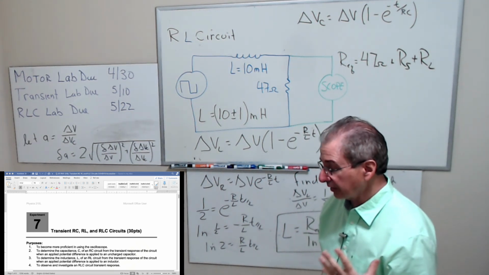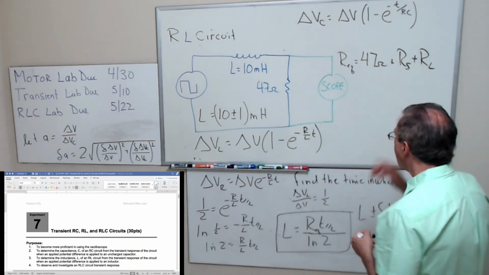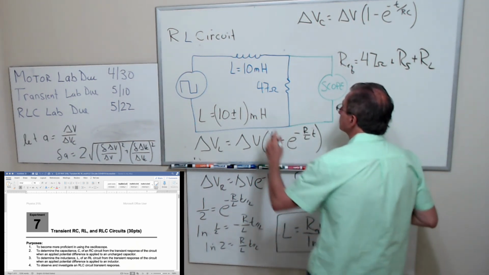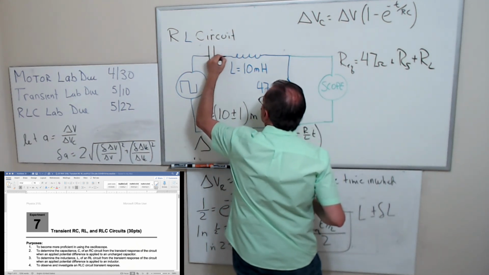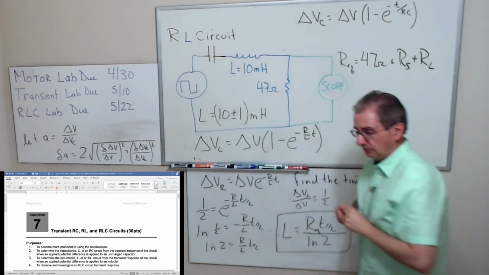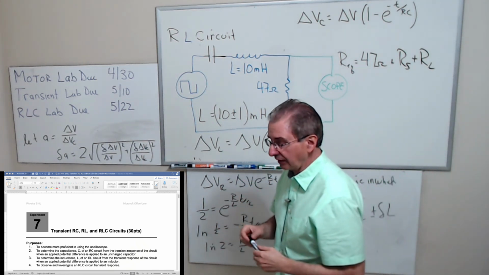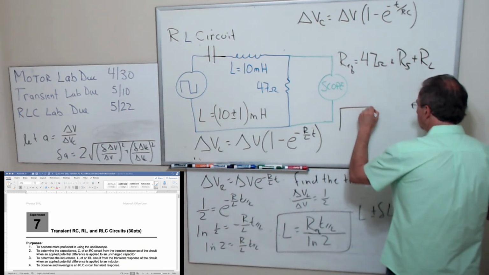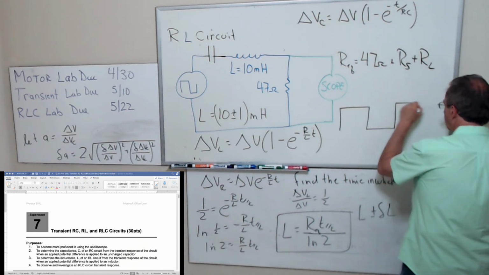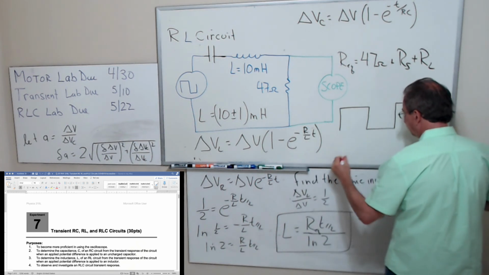I'll just mention the last part of the lab. You're going to put a resistor, a capacitor, and an inductor together. If the conditions are just right, and you put in this signal, your output can look like this.